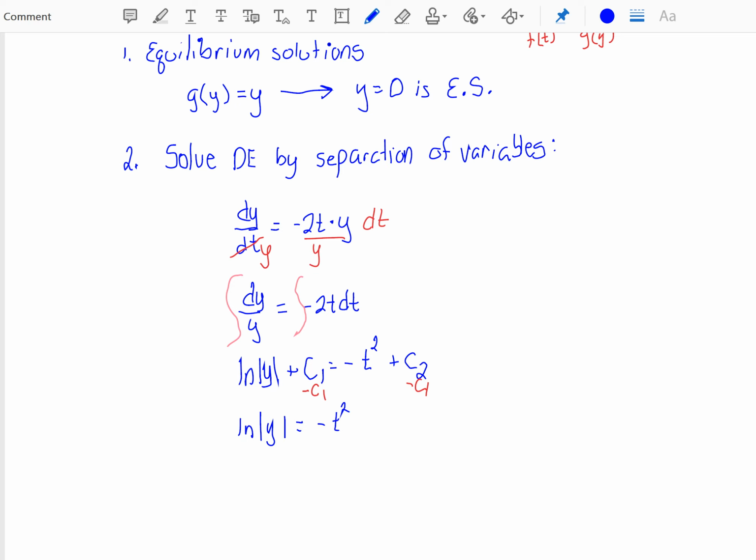And instead of writing C2 minus C1, I'm going to say plus C3, where C3 is really C2 minus C1. If C2 is some unknown constant and C1 is some unknown constant, then the difference of two unknown constants is still going to be some unknown constant, which I'm calling C3.